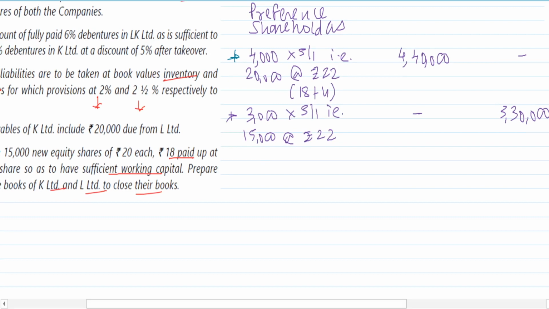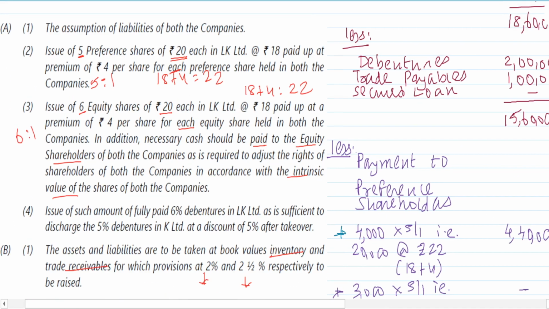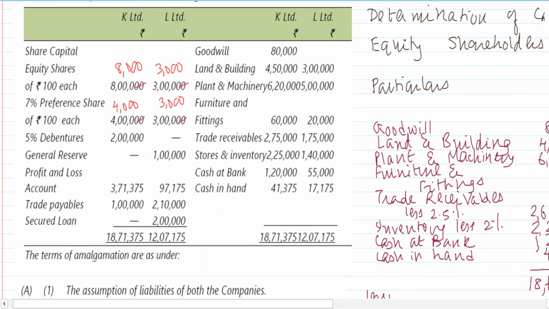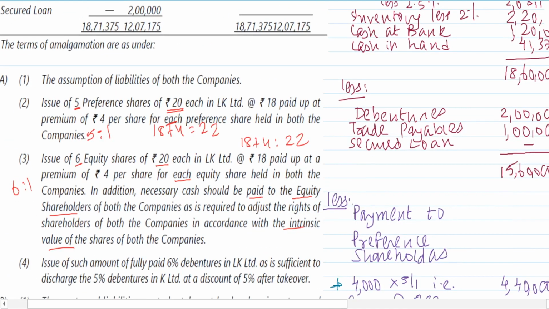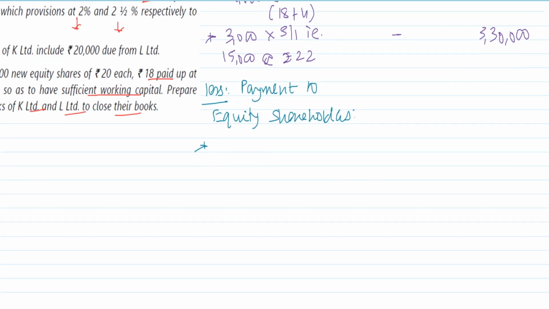I'll further continue. I'll say less payment to equity shareholders. Right, we are going to give shares even to the equity shareholders. Sorry for that. Yes, I return back to the question, 8,000 and 3,000 and 6:1. So 8,000 shares here into 6/1.